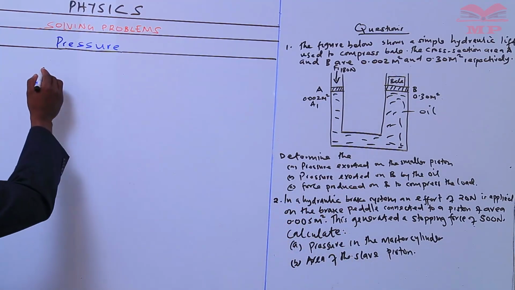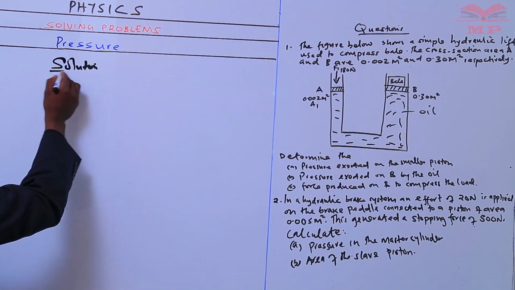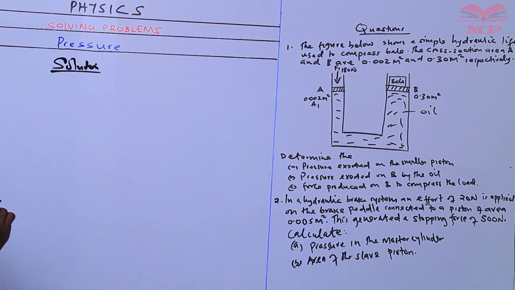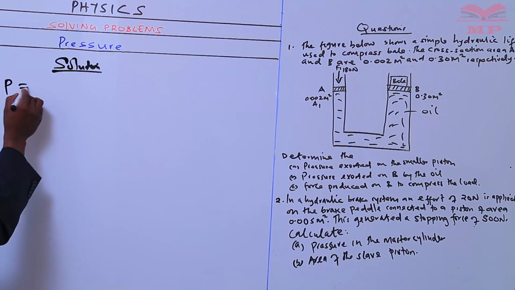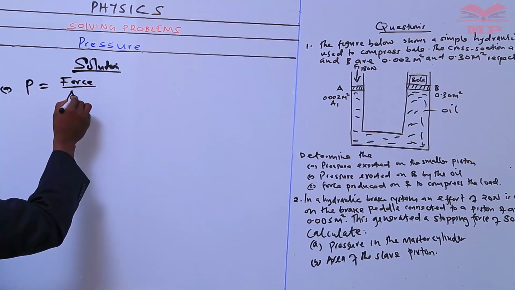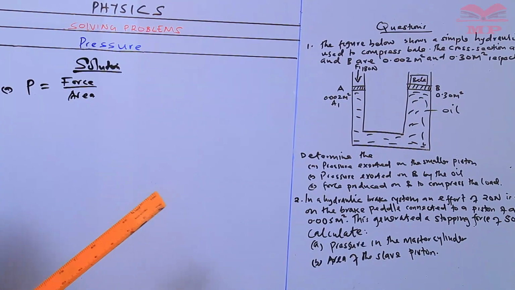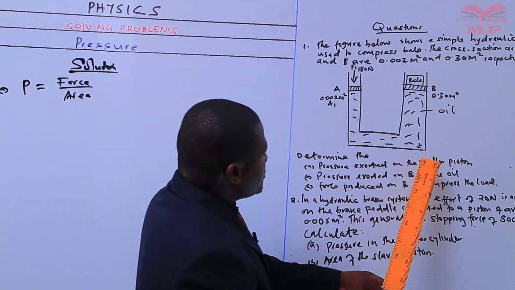Now, solution. We said that pressure is equal to force over area. Remember, we have been given the smaller piston.